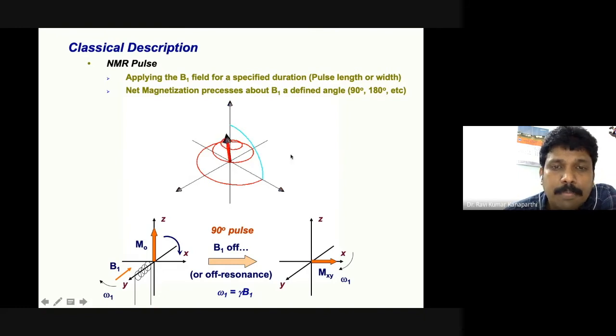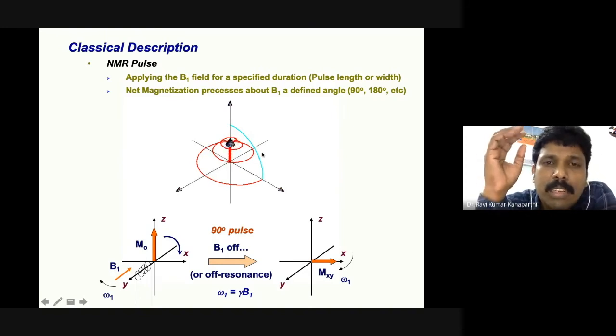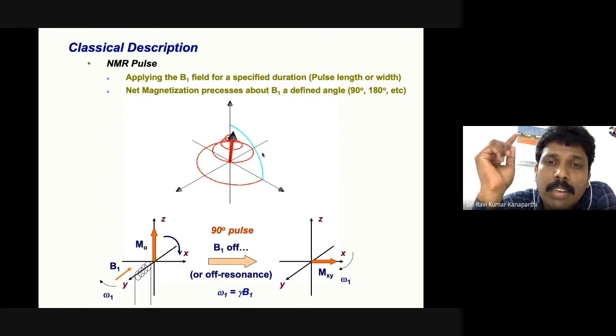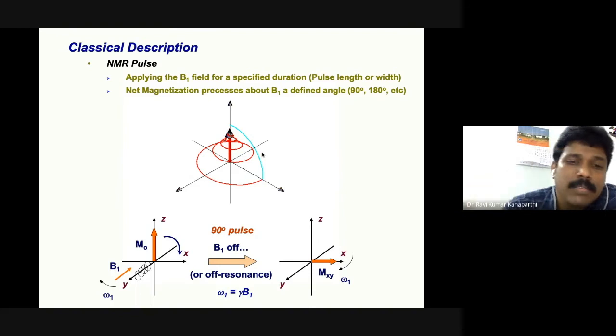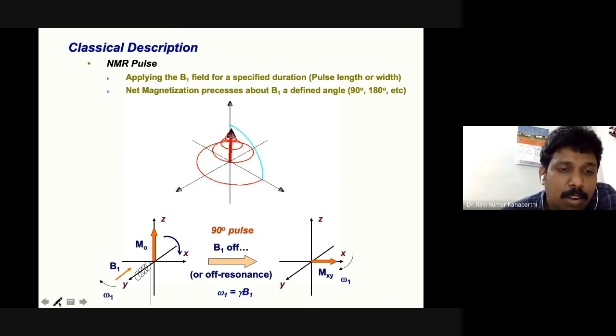Since it is going back to its original position, that means what? Basically, it is rotating, right? Overall, if you try to understand the net magnetization vector, it is not at a constant position. It is moving, isn't it? If it is moving, well, this is the tricky part and the clever thing people have noticed.